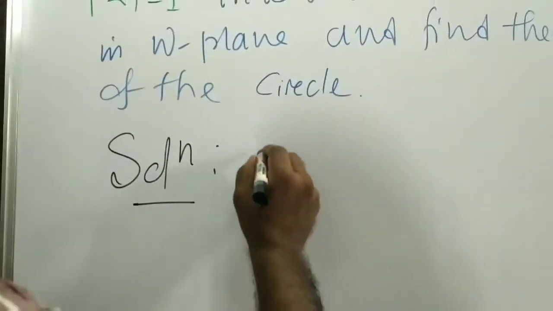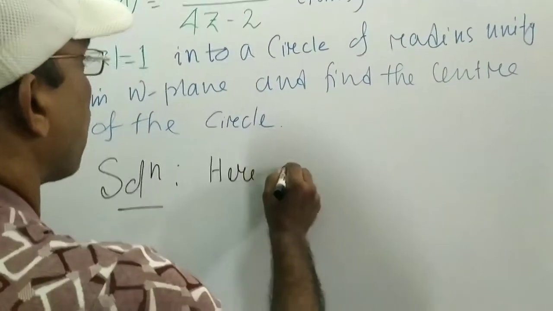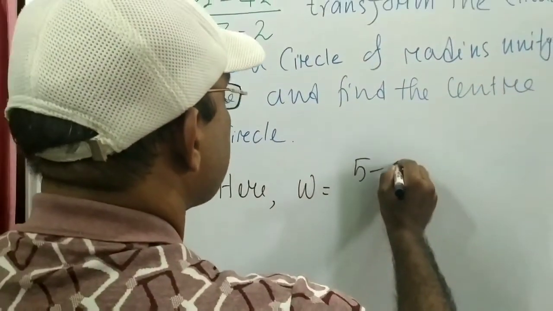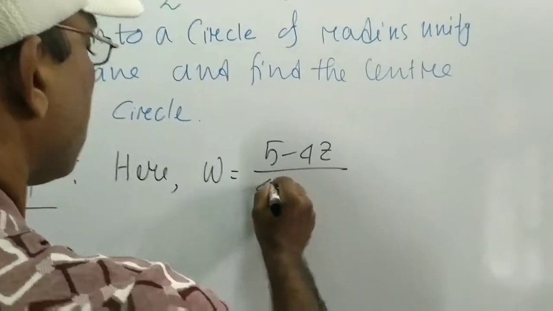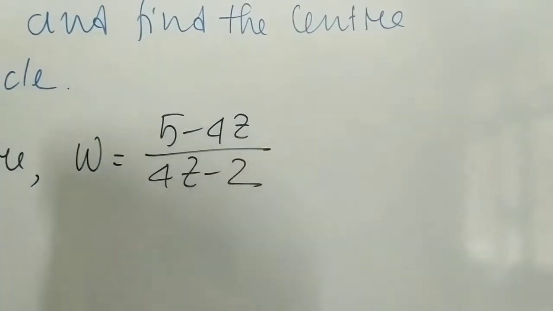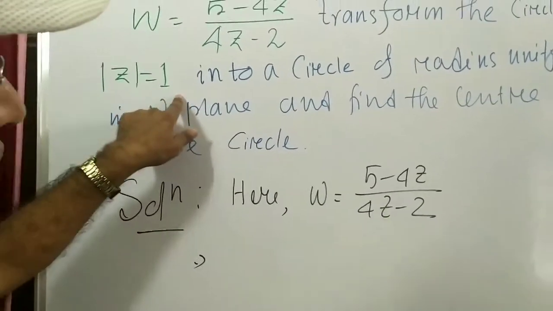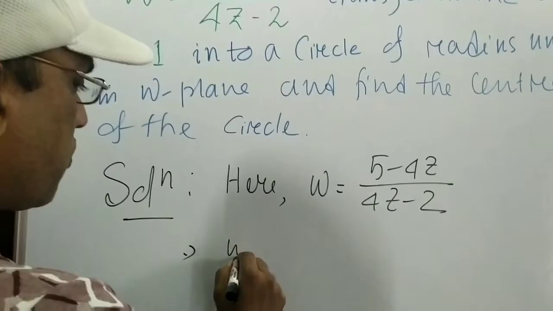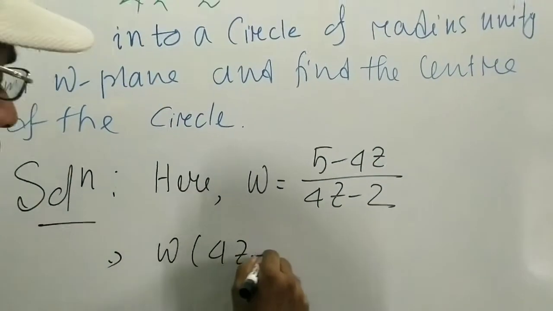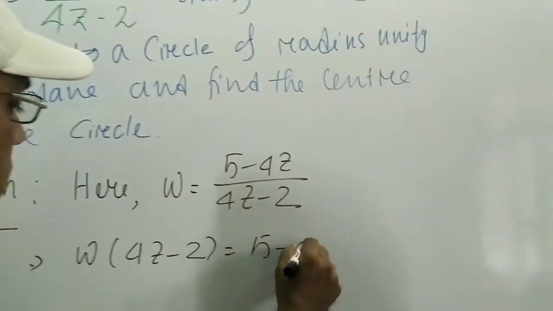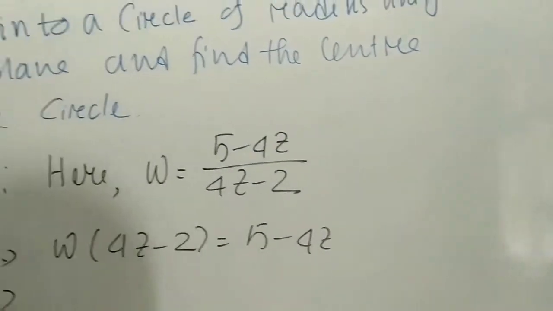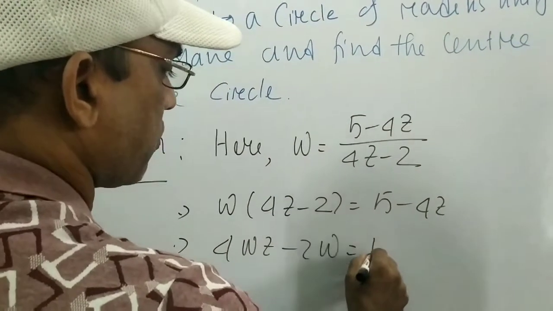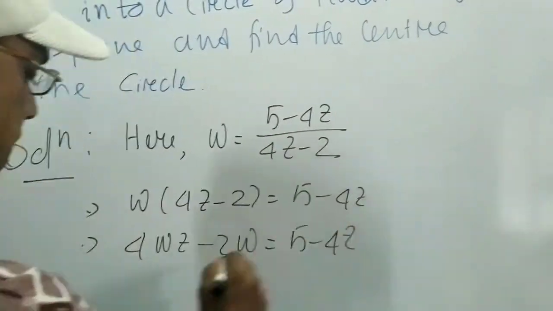Here W is equal to (5 minus 4z) by (4z minus 2), and mod z equal to 1 is given. So we express z in terms of W. W into (4z minus 2) equal to 5 minus 4z. So 4wz minus 2w equal to 5 minus 4z.